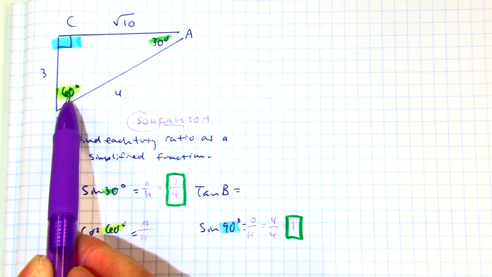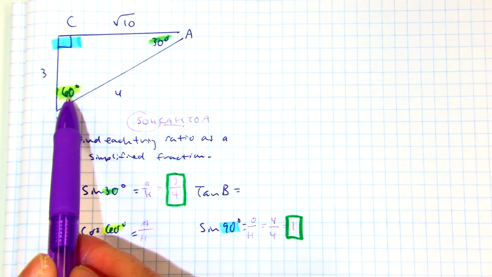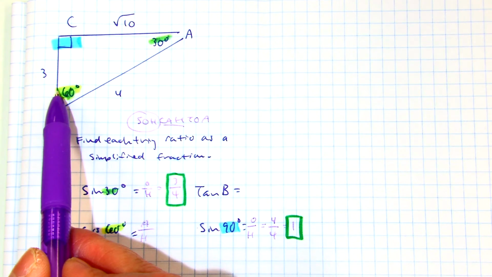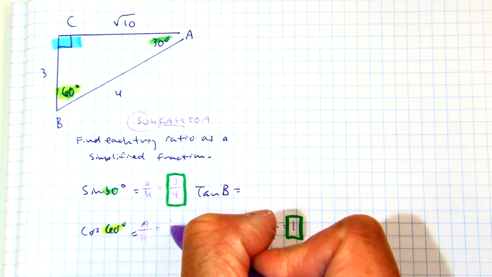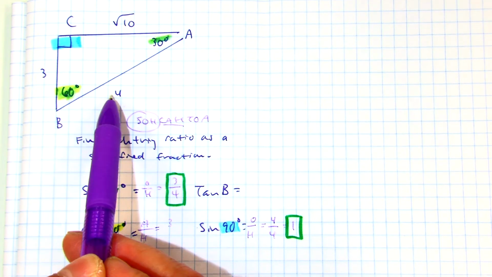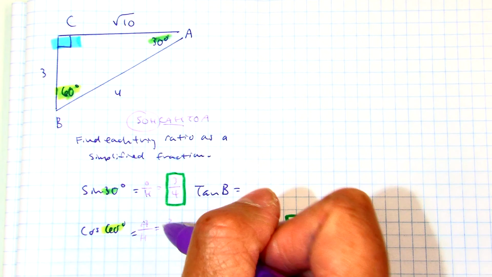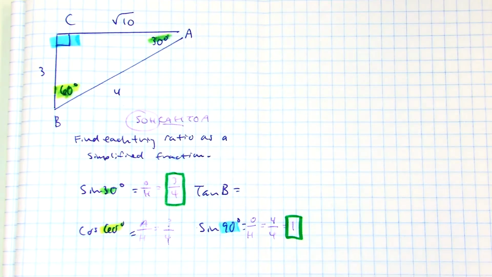Remember, adjacent means next to. Yeah. So 3. And you got to know that this has to be, not this one, because that's the hypotenuse, right? And your hypotenuse? Oh, raise your hand if you got 3/4.